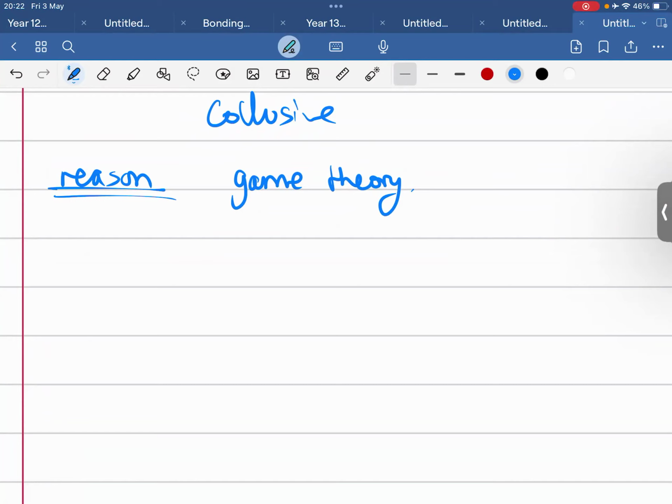And you could just explain that game theory studies the outcomes of events where two or more people interact, or how one person's behavior affects the outcomes of another person.